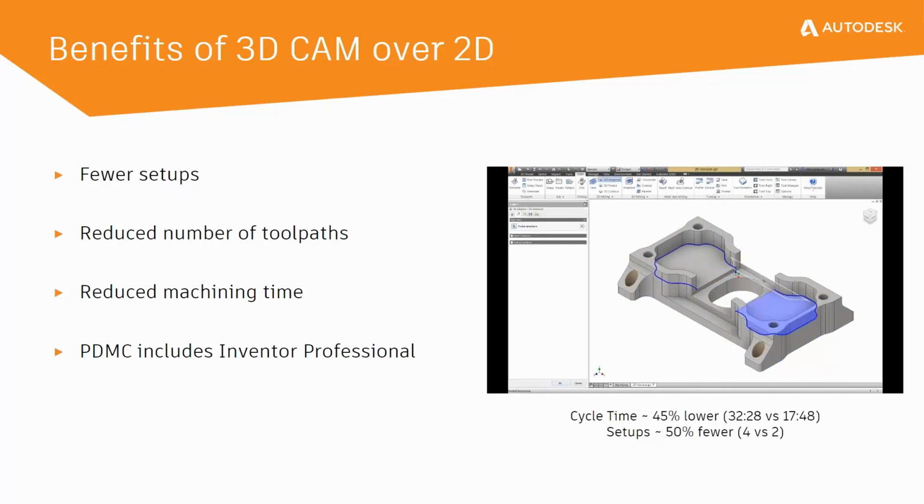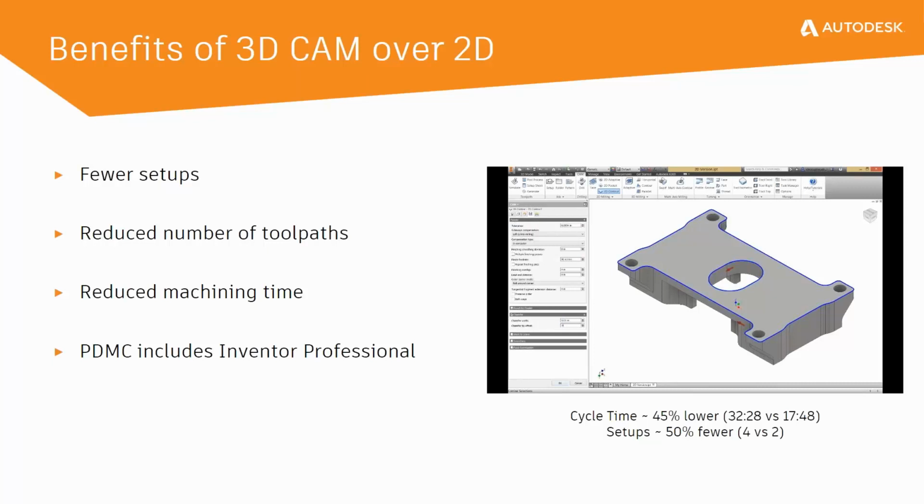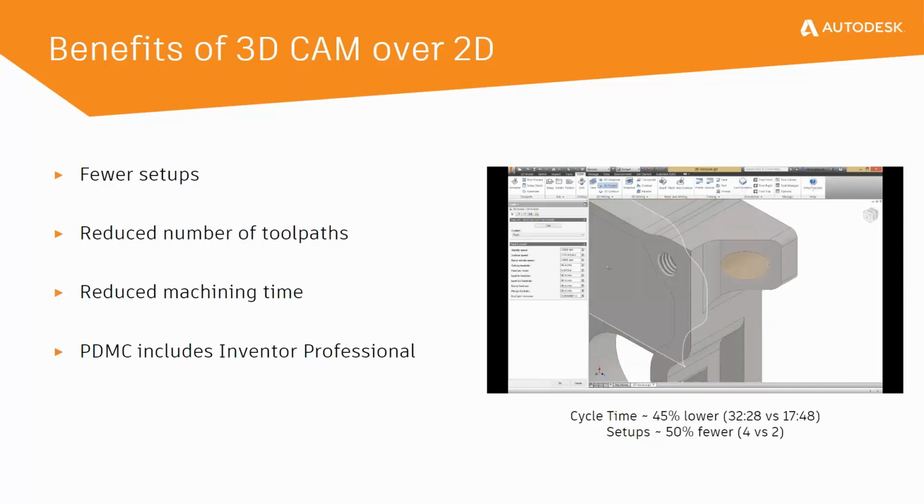You can also reduce the number of toolpaths that you have to actually create to set up and machine the component, and in turn, because you're using this technology, you can help reduce the overall machine time. Now, the other thing to consider as well is that in using the free Express versions of HSM, you also need to have an existing seat of either Inventor or SolidWorks.